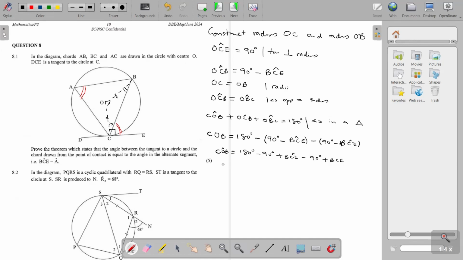So COB will be equal to 180 degrees minus 90 degrees minus 90 degrees, which gives 0. Then we are left with BCE plus BCE, which gives us 2BCE.